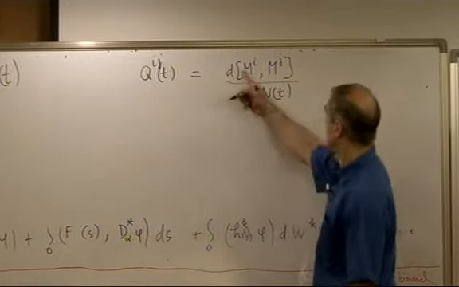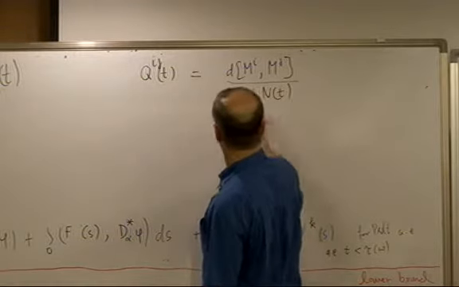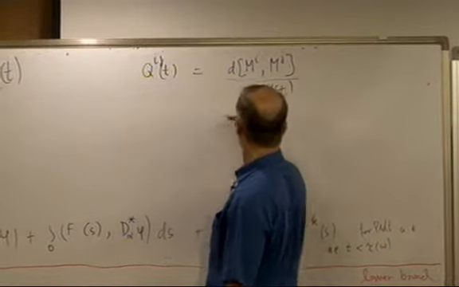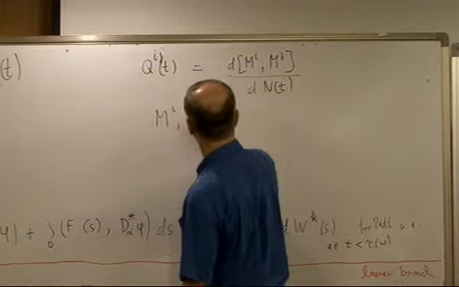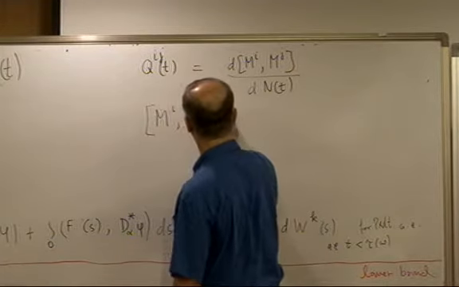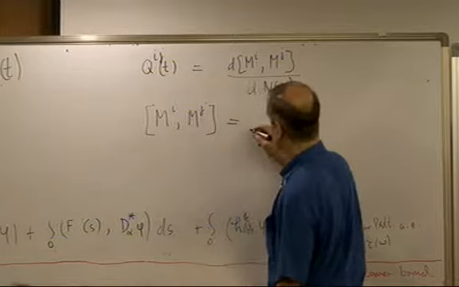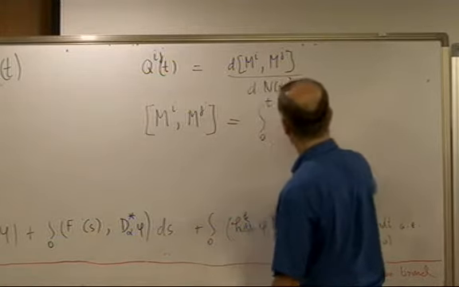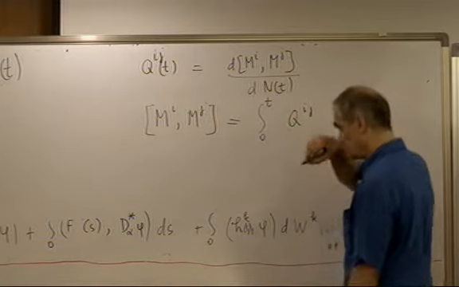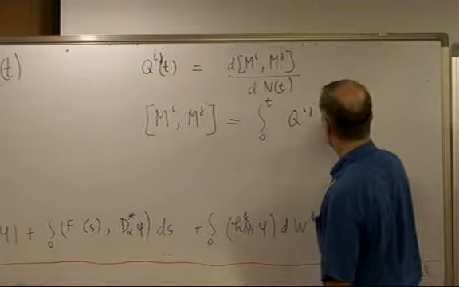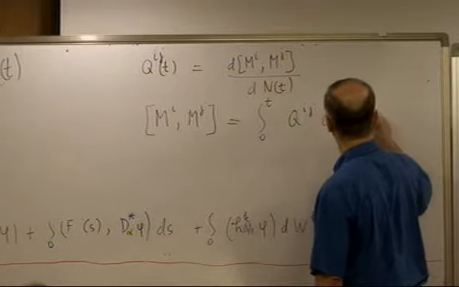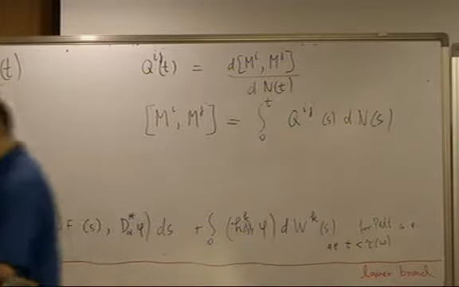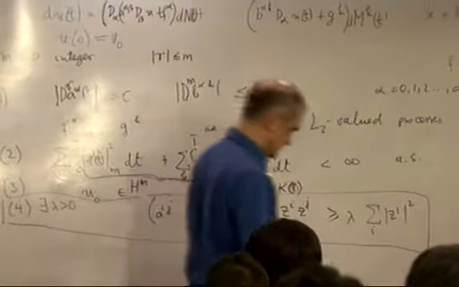So in other words, this can be written as q times the differential dN_t, or in other words, one can show the existence of such a predictable process such that this can be written as the integral from 0 to t of q^{ij}_s dN_s, and then one should modify the requirement for d with this norm.